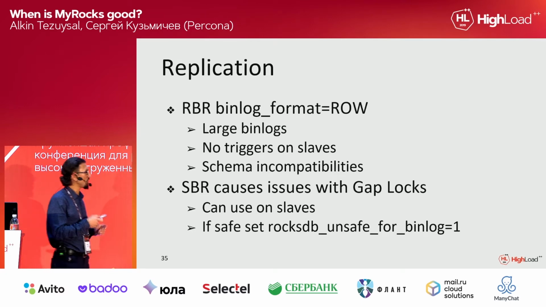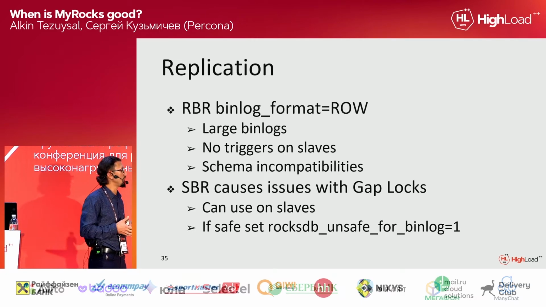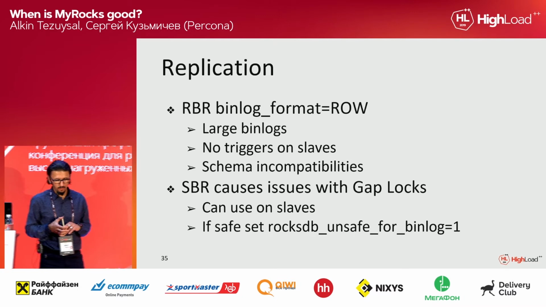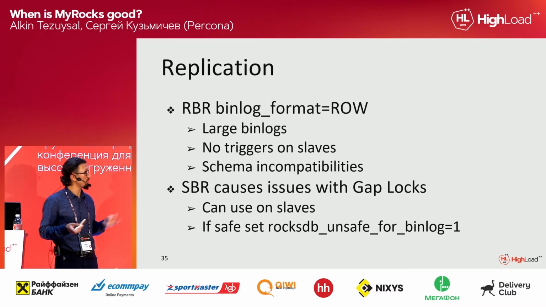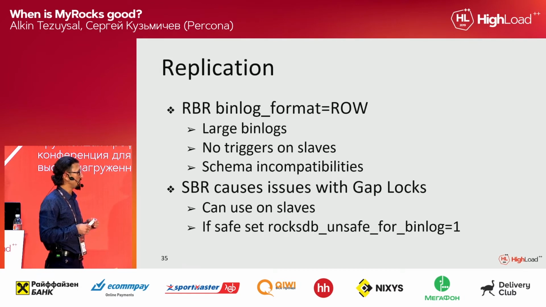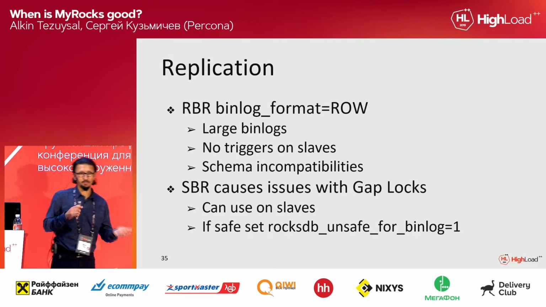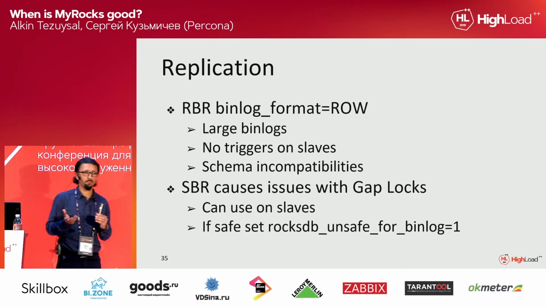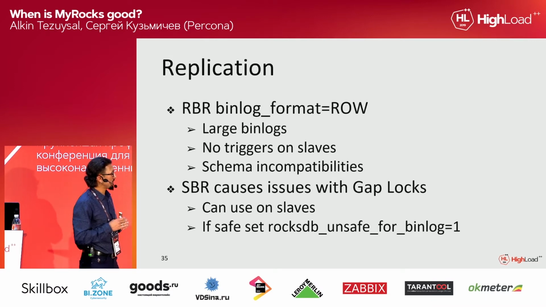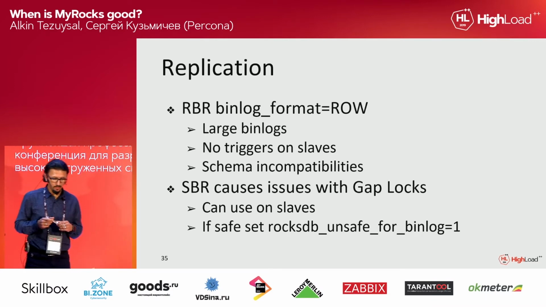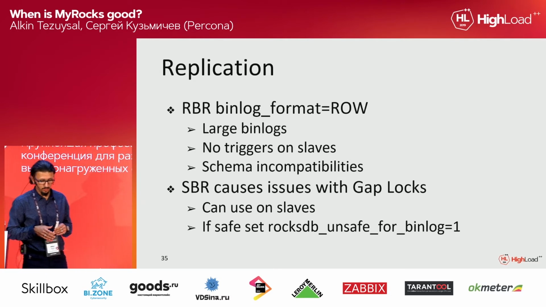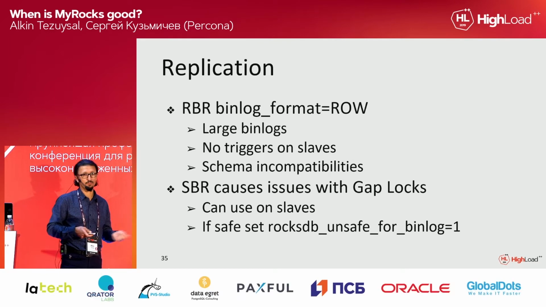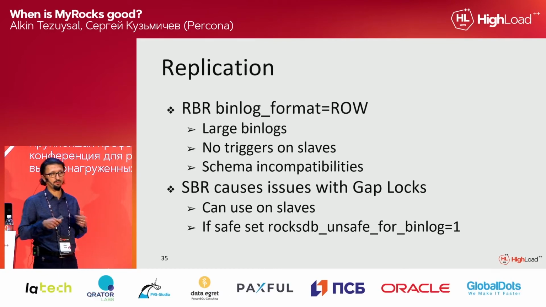It requires a row level binlog format, and it will create large binlogs, and because of that, it won't allow triggers on slaves, and it can have schema incompatibility between the slaves. And if you have statement-based replication, then it issues gap locks, and again, gap locks are not supported with the repeatable read of RocksDB.